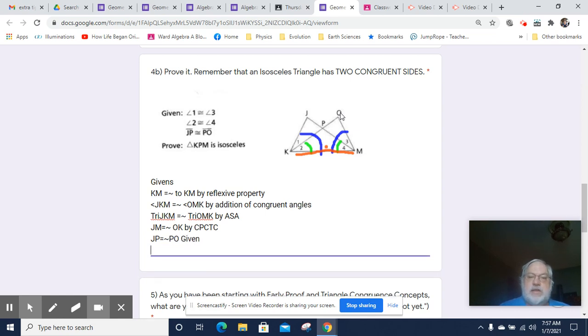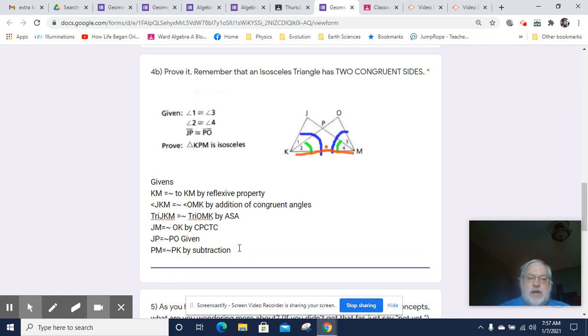And then we could say that PM, it could have been MP, that's fine, PM is congruent to PK by subtraction. Because we know that JM and OK are congruent and JP and OP are congruent. So if we subtract JP from JM, we get a congruent difference to KP because we can subtract OP, or PO, from OK.